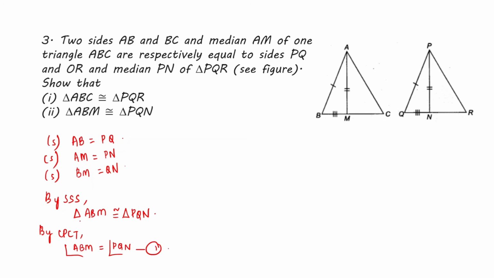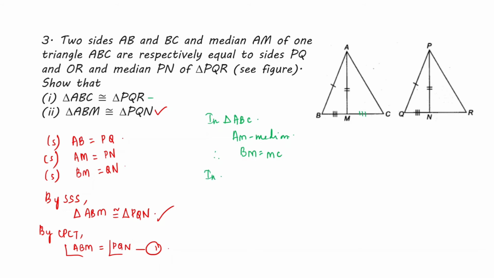We have already proved that triangle ABM is congruent to triangle PQN. So, we have proved the second subdivision. Now, let's prove the first subdivision. We need to prove that triangle ABC is congruent to triangle PQR. Let's compare these two triangles. In triangle ABC, we know that AM is the median, so we could say BM is equal to MC.